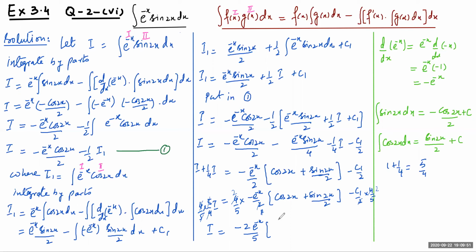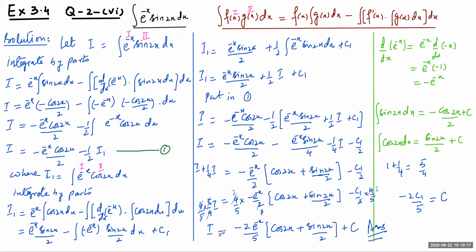Inside the bracket, I have cos 2x plus sine 2x by 2. And what about this one? This is going to be minus 2c1 by 5. You may perform another step and write it as c. I'm writing it directly. It is equal to c, and this is my answer.